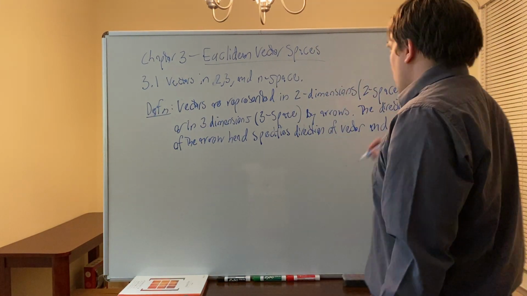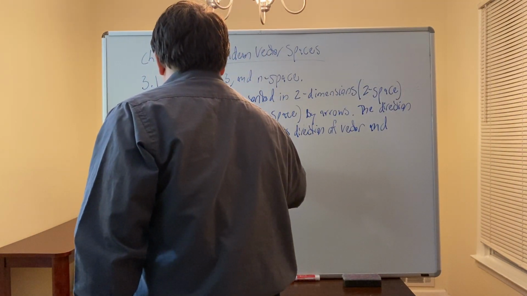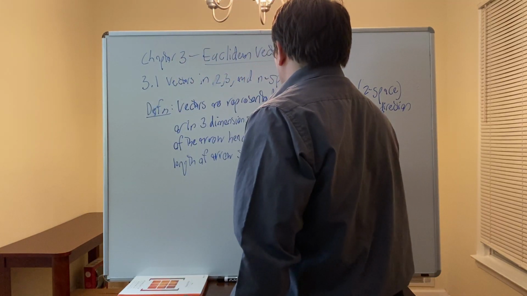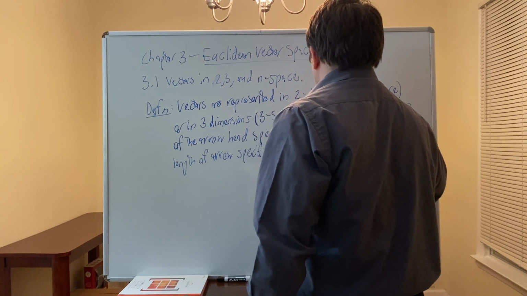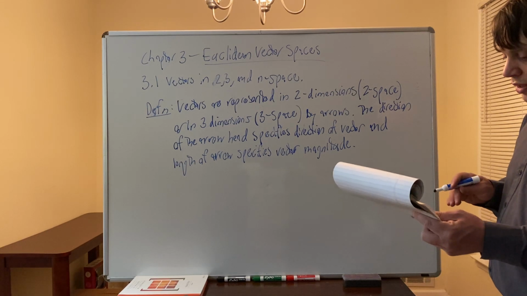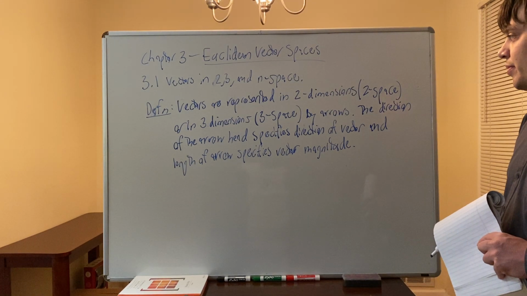The length of the arrow specifies the vector magnitude. These are also called geometric vectors.